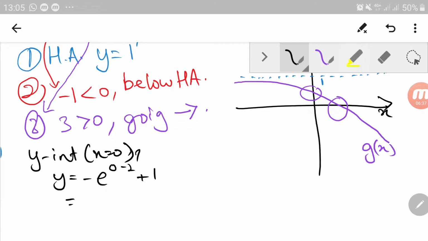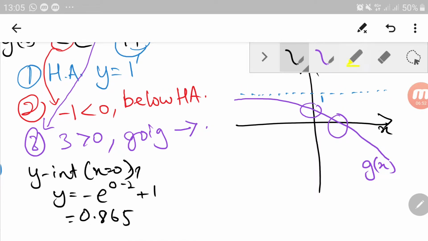Let me use my calculator first. It's 0.865. So the y is positive, so correct. Okay, my intuition. So 0.865.